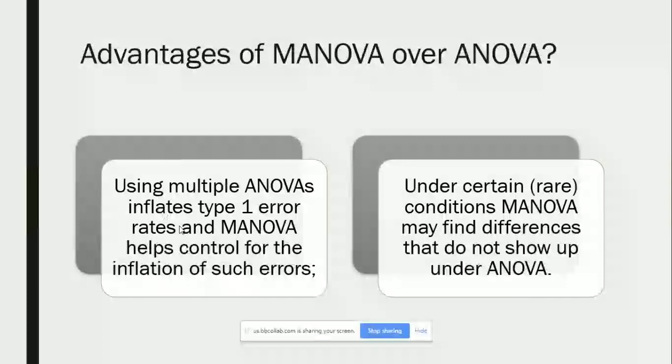When you're doing a MANOVA, you have to be careful of one thing. You've got to know which dependent variables are going to be important. If there's a significant main effect or interaction, what is going to be caused by the different independent variables? You can follow a significant MANOVA with individual ANOVAs to see which of the dependent variables has effects and see what the effects are going to be.